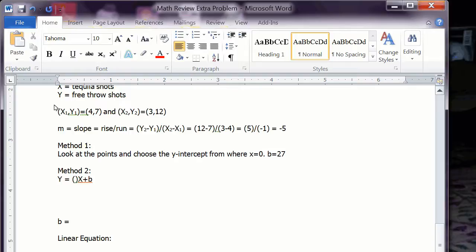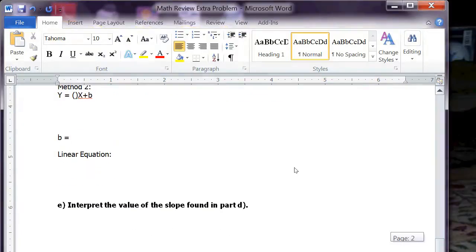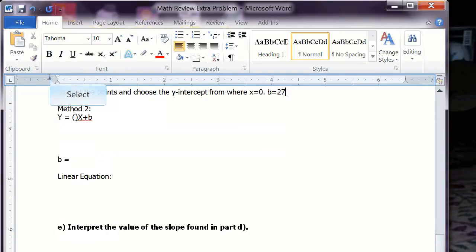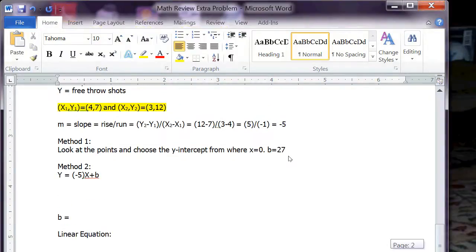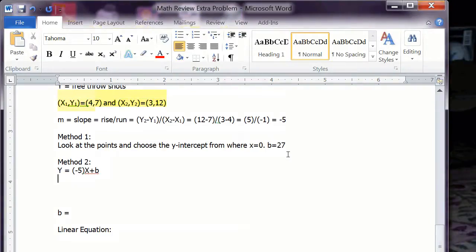We're going to do that now, but we'll have this as a nice check to make sure that we're doing it right. So for method 2, we're going to use the slope that we calculated before, which is negative 5, and plug it in for m. Then we're going to pick another point. We can pick the same point, so let's just pick that first point again, x1, y1, 4, 7, and plug it in for y and x.